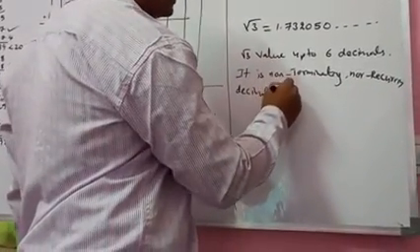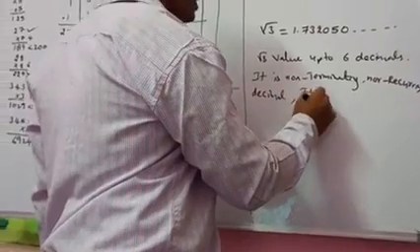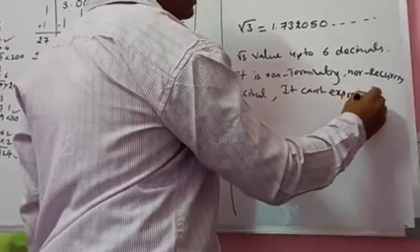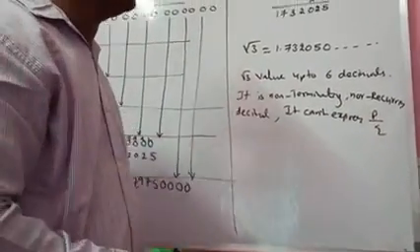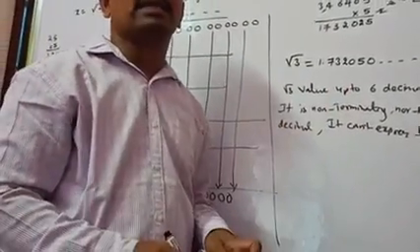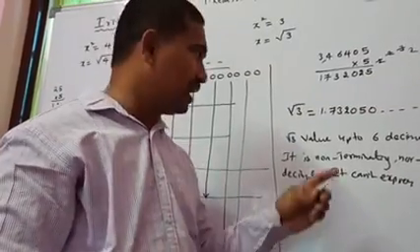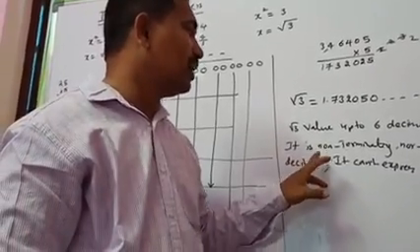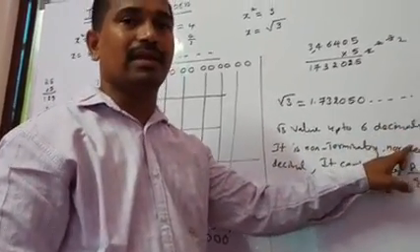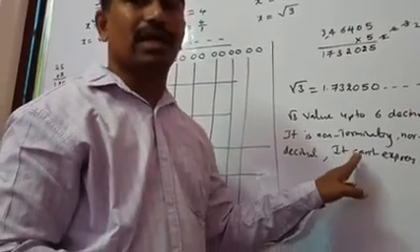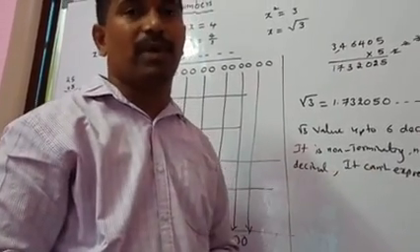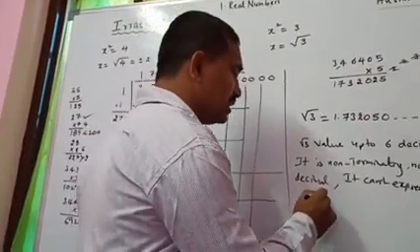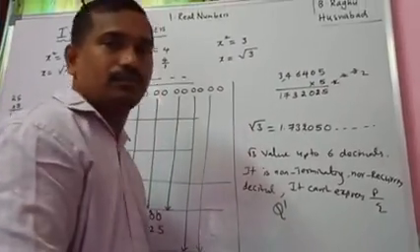It cannot be expressed in the form of p by q. So this is not a rational number. Numbers that are non-terminating, non-recurring decimals and cannot be expressed in the form of p by q are called irrational numbers. The irrational number set is denoted by Q dash.